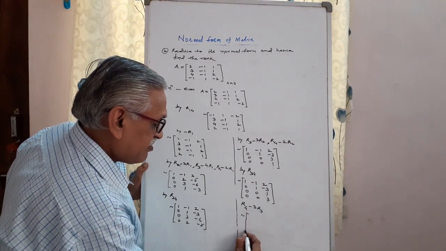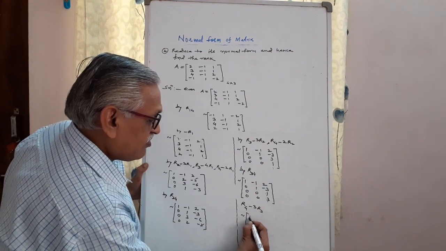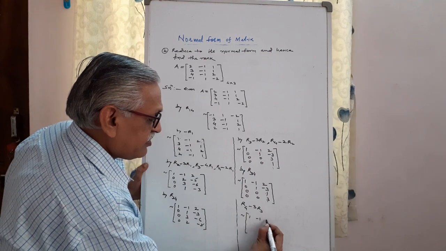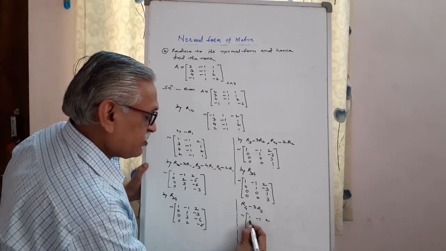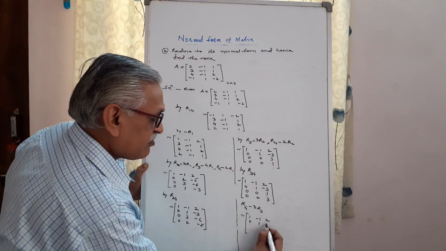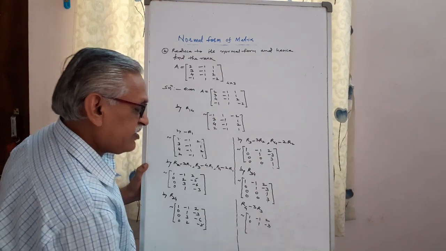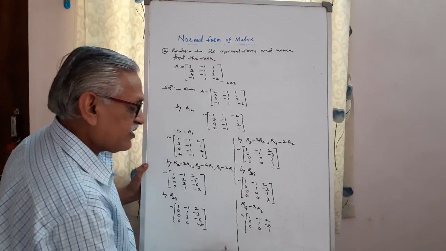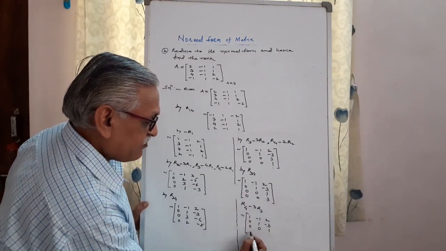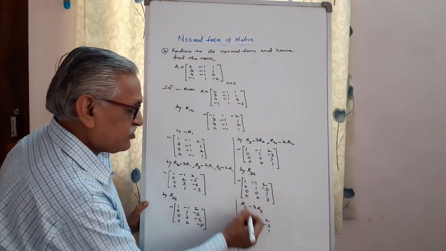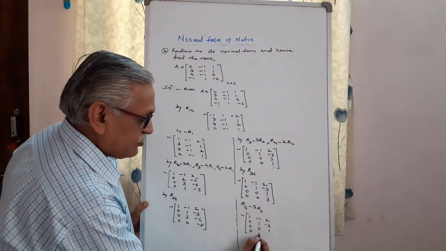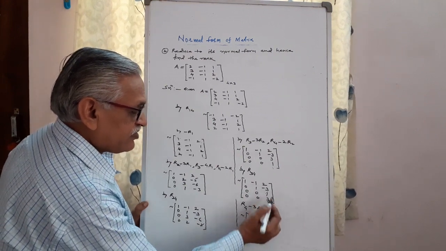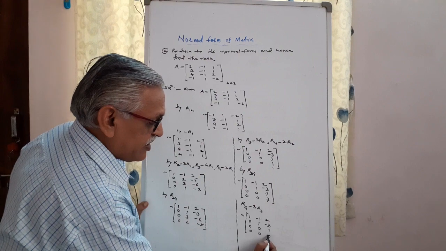We get first row no change once again, second also no change, 0 1 minus 3, third 0 0 1, and then for fourth it is 0 minus 0 0, again 0 minus 0 0, 3 minus 3 times 1, 3 minus 3, we get 0 here.